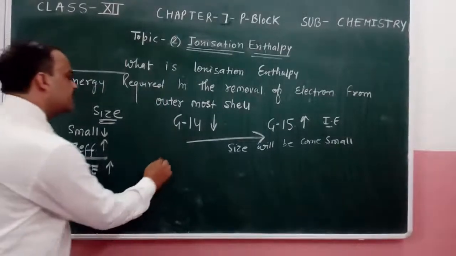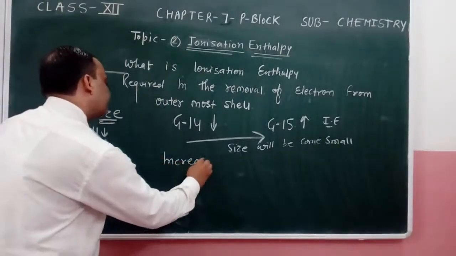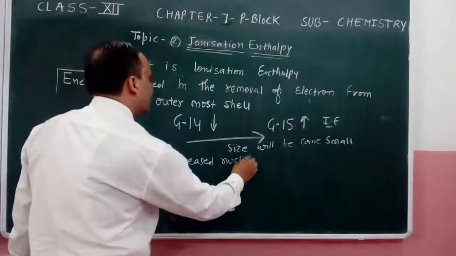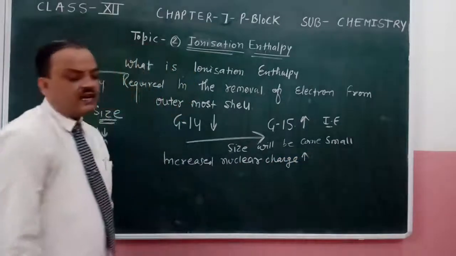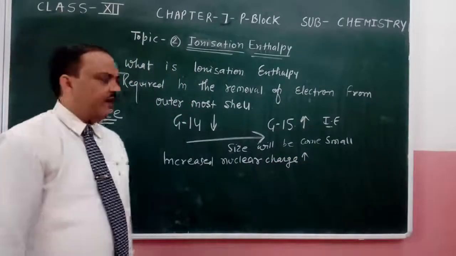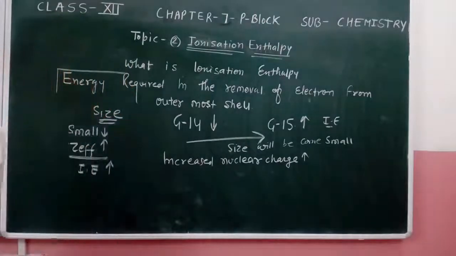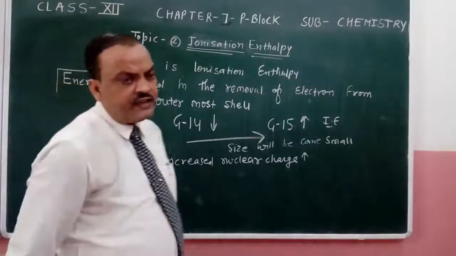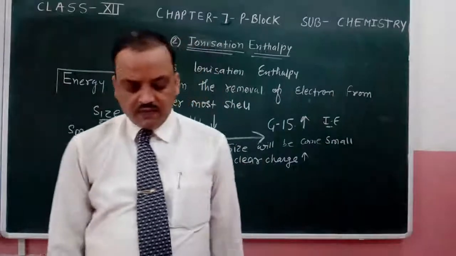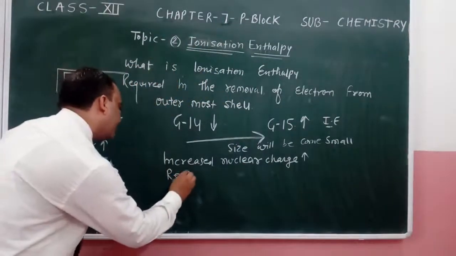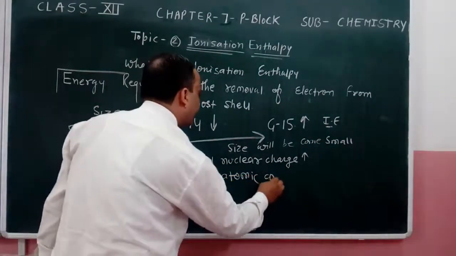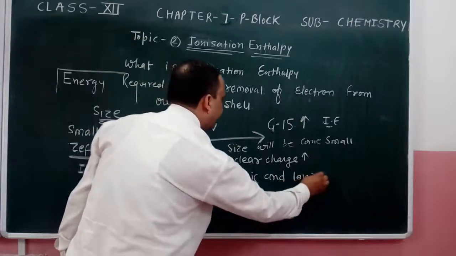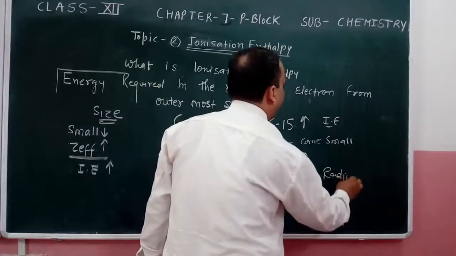Increased nuclear charge reduces the atomic and ionic radius.